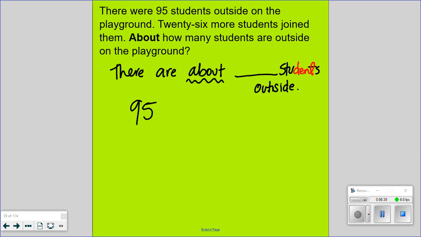If I'm writing, that means you're writing. If we're using front end estimation, we're only keeping that first digit. So 95 is going to turn into what number? 900. 95 is not close to 900.